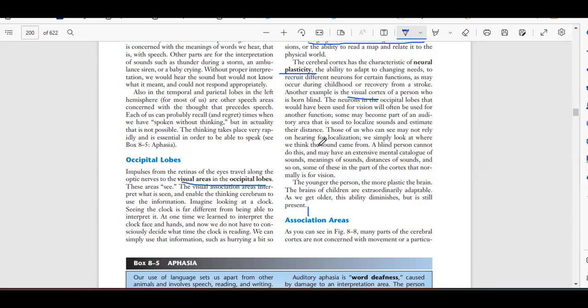Some people are not able to see from birth, congenitally blind. What will happen? The visual area is converted into an auditory area. So their hearing capacity is much more increased than a normal person's.